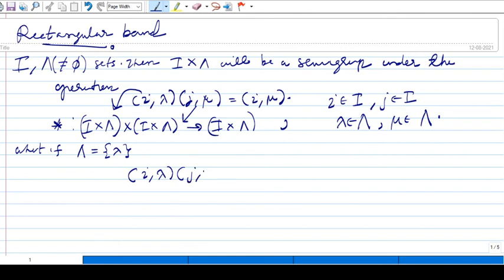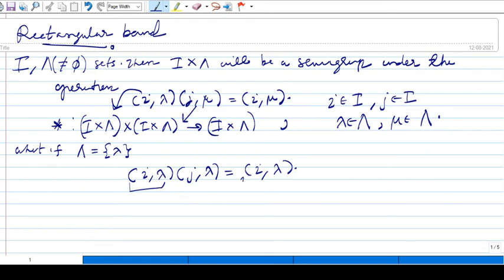We don't have a μ, we have λ itself. You get the first entry of the first element and the second entry of the second element, that means you get (i, λ). So this multiplication rule is automatically converted into the multiplication rule in a left zero semigroup.